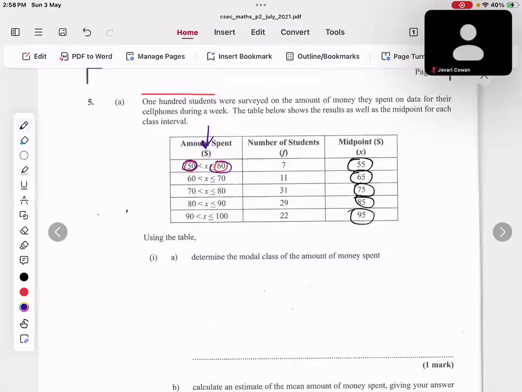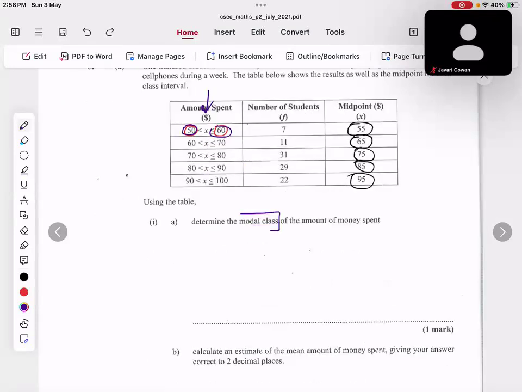Now it says, using the table, you are to determine the modal class of the amount of money spent. All right, anybody remember what mode means? The most repeating?